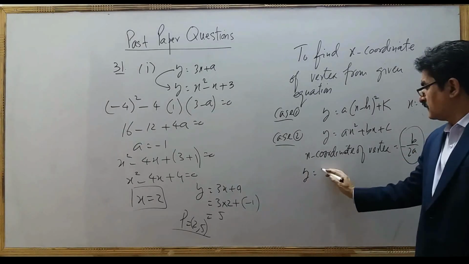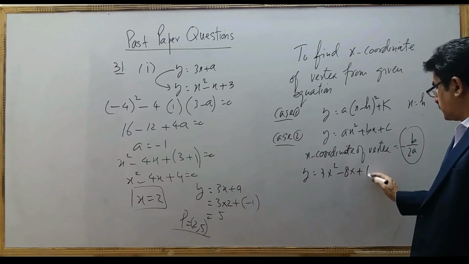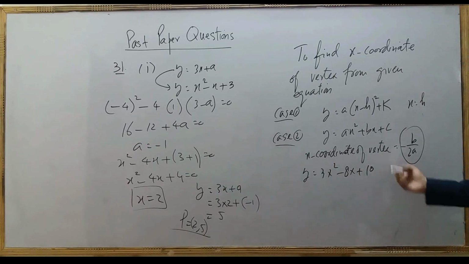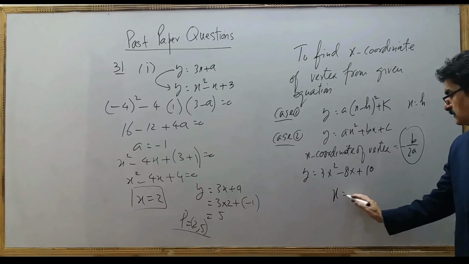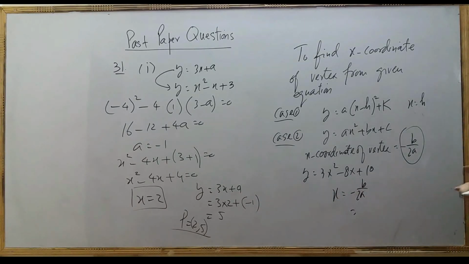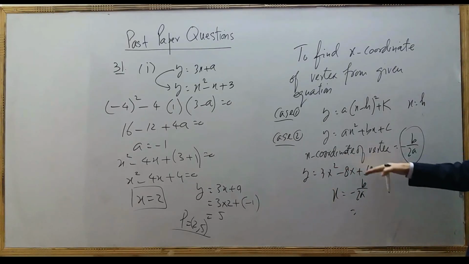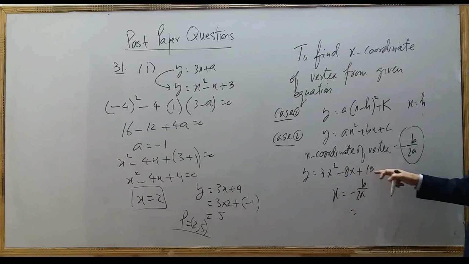For example, you have 3x square minus 8x plus 10, any quadratic function. Now you are asked to find the x coordinate of the vertex, so the x coordinate will be minus b over 2a. Here be careful that the quadratic function should be in general or standard form, means x square, then x, then the constant.